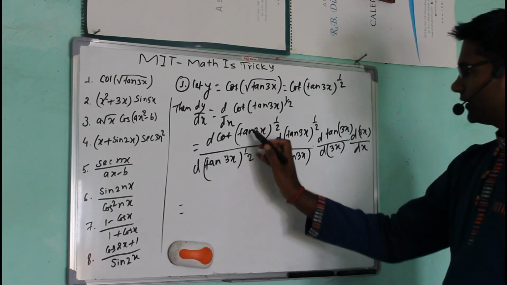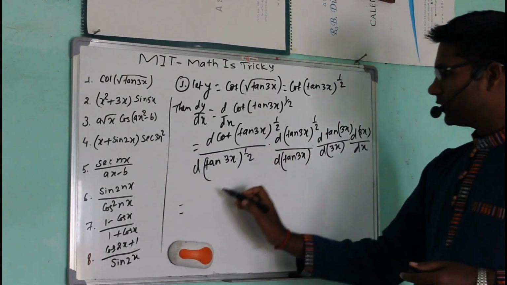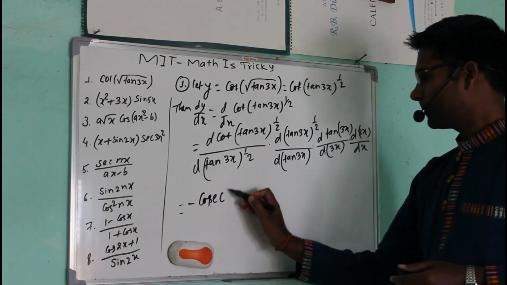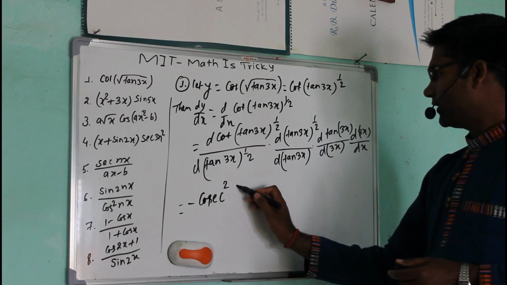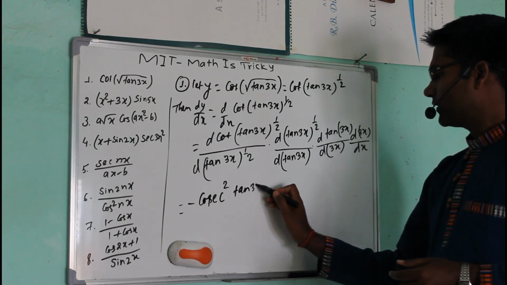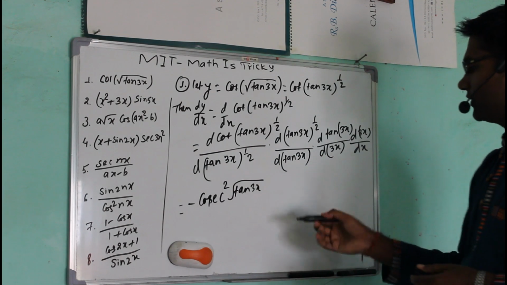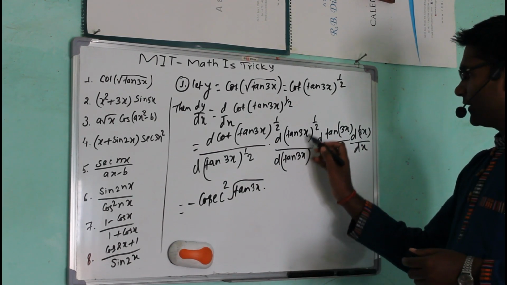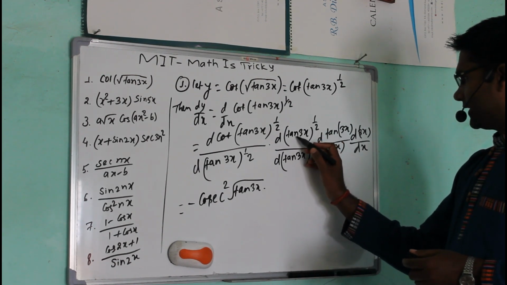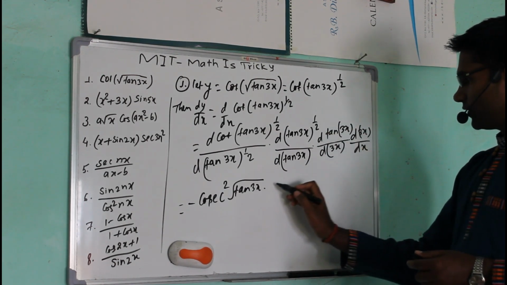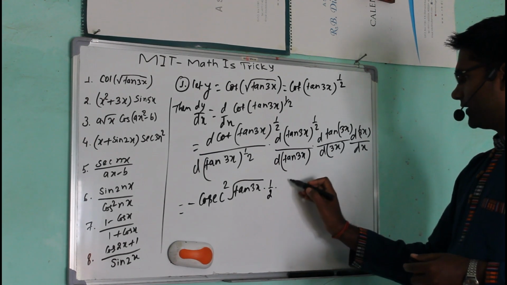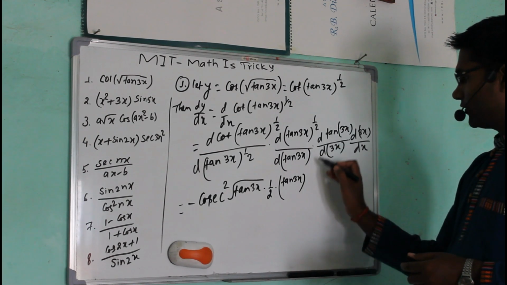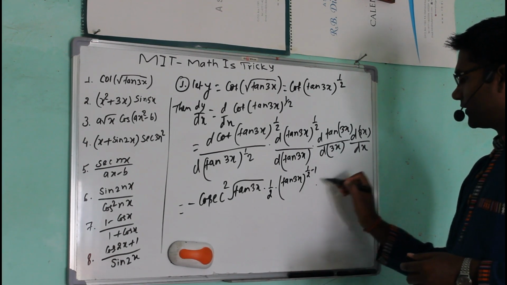The derivative of cot is negative cosec square, and then tan 3x we can write as root, meaning power 1 by 2. Now use the power rule: the derivative of (tan 3x) whole power 1 by 2 gives 1 by 2 times (tan 3x) power 1 by 2 minus 1.